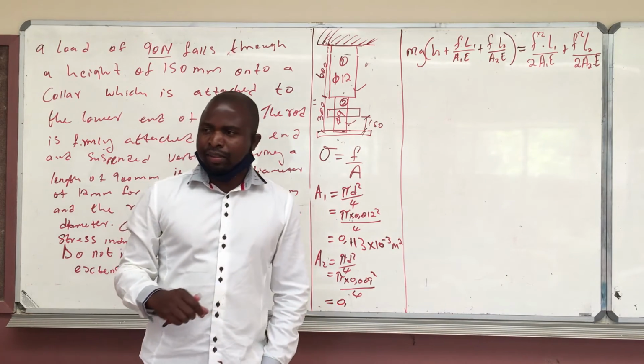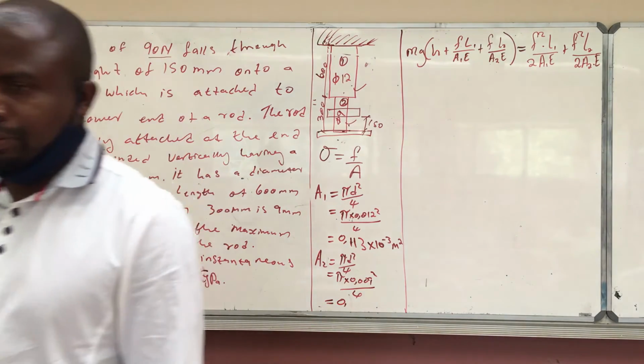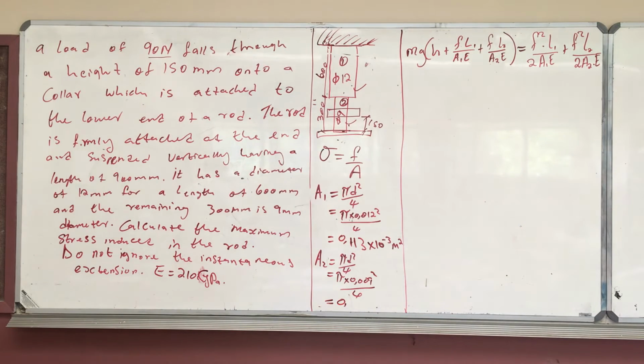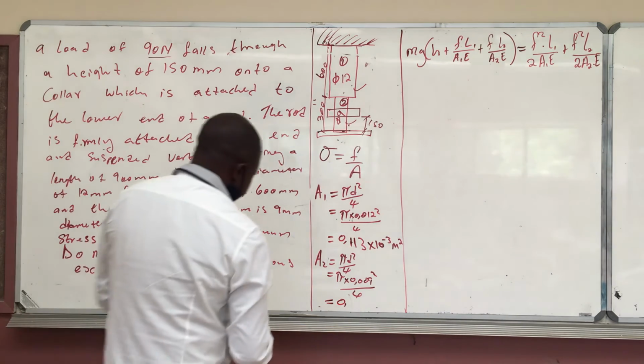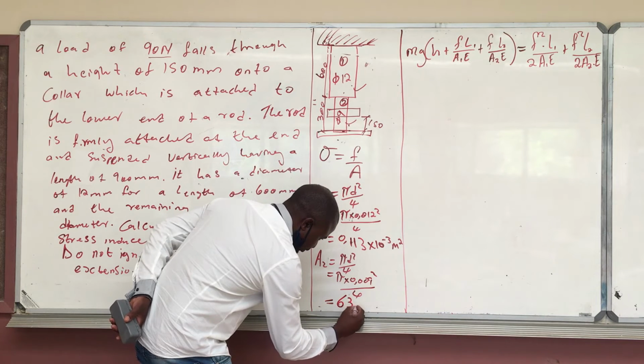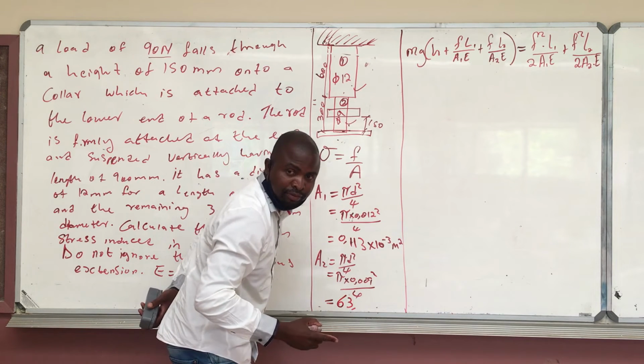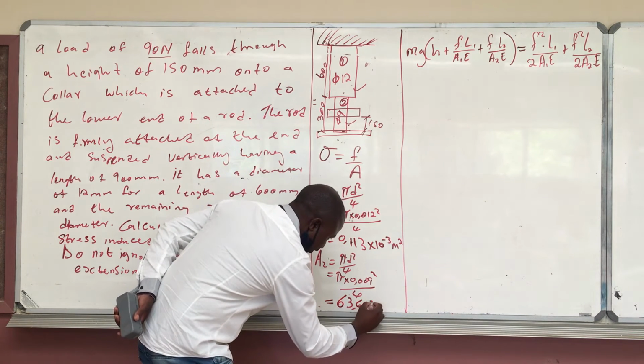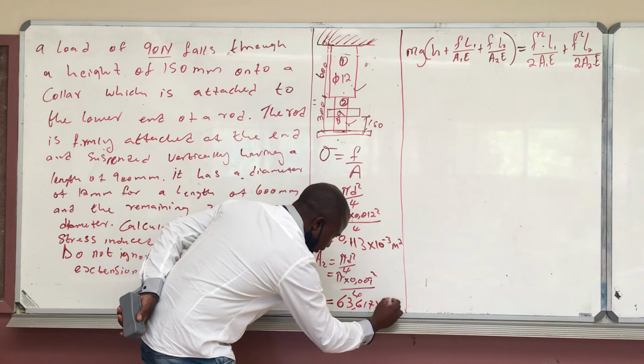I don't want many zeros. 63,617 times 10 to the power minus 6.